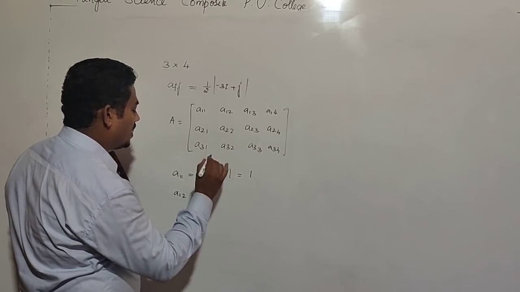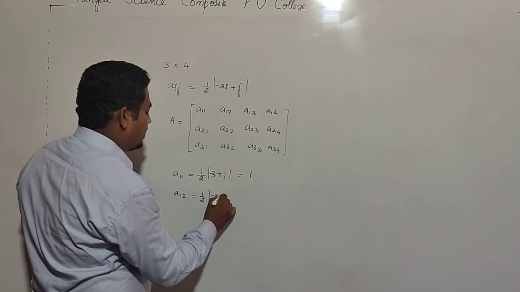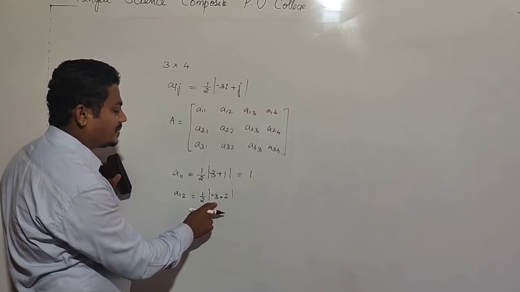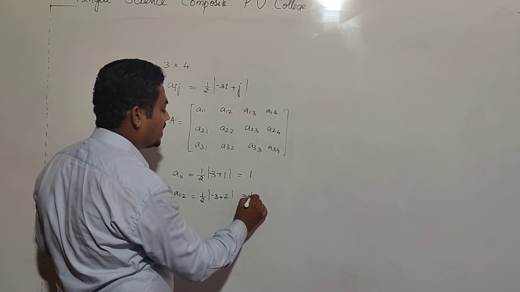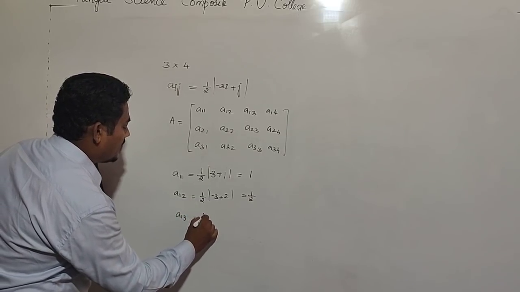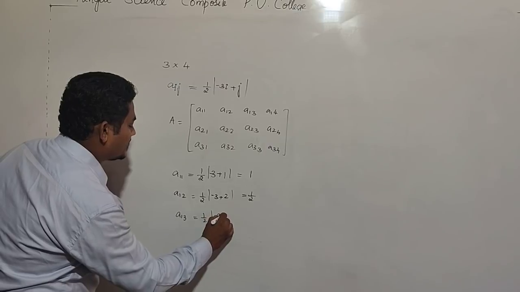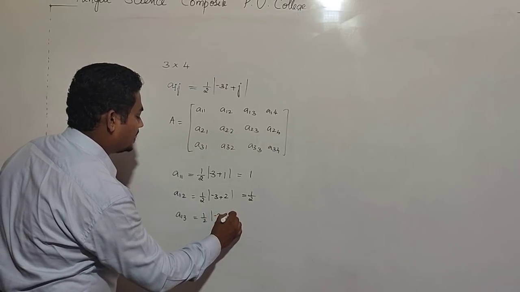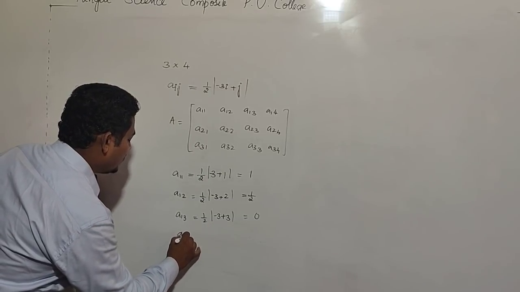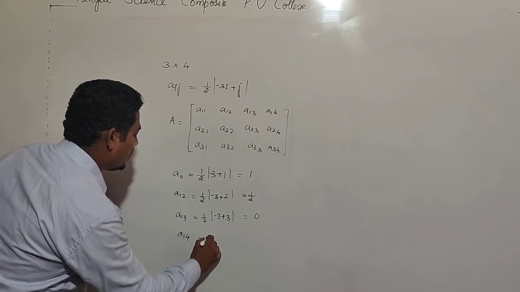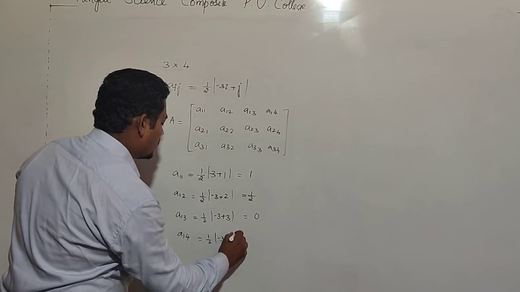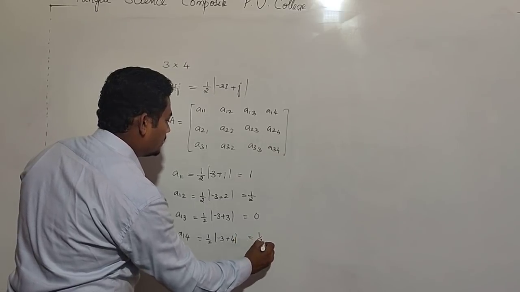Then 1 by 2 modulus of minus 3 plus 2, that is minus 1. Modulus of minus 1 is plus 1, so we get 1 by 2. Next A13: 1 divided by 2 times minus 3 plus 3 is equal to 0. Next element A14: 1 by 2 times modulus of minus 3 plus 4, again it gives 1 by 2.